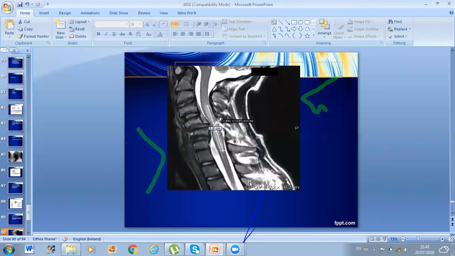So, can someone describe this image? How will you assess this patient clinically? A patient has come to you with a cervical spine injury. In the ER, how will you assess the patient? Don't think about the MRI. Yes.